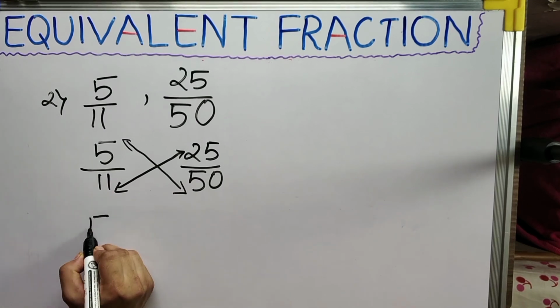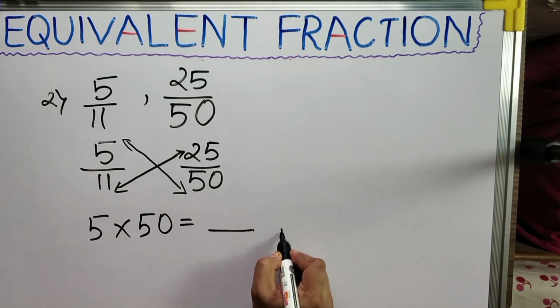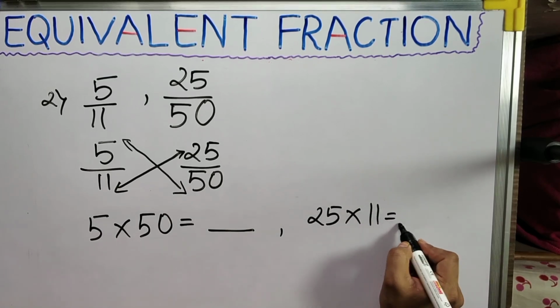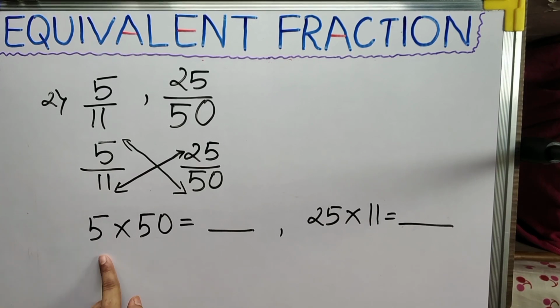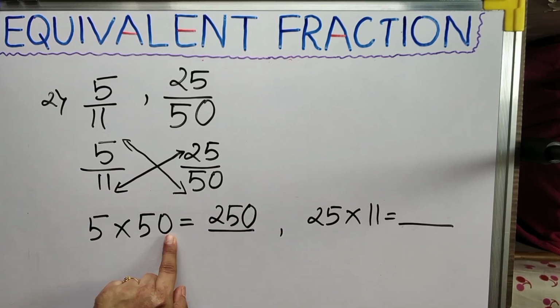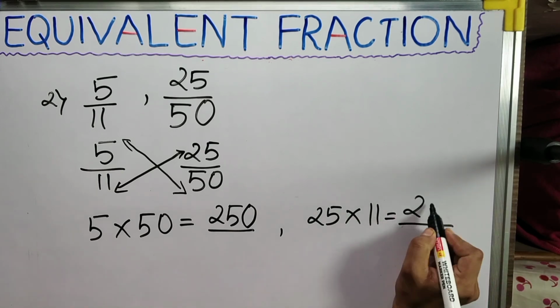So 5 multiplied by 50, 25 multiplied by 11. 5 multiplied by 50 would be 5 5s are 25 and a 0, so the answer is 250. 25 multiplied by 11, the answer is 275.